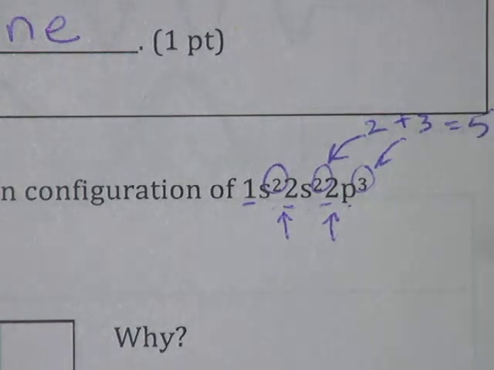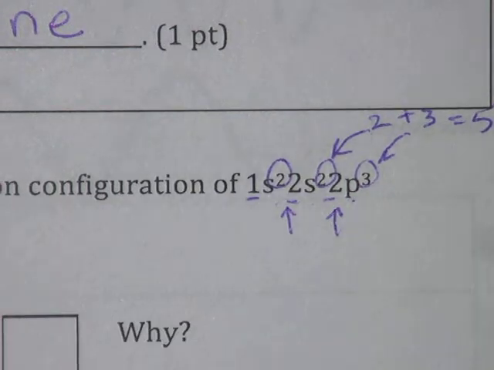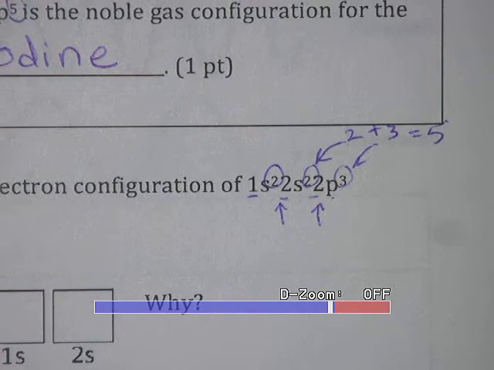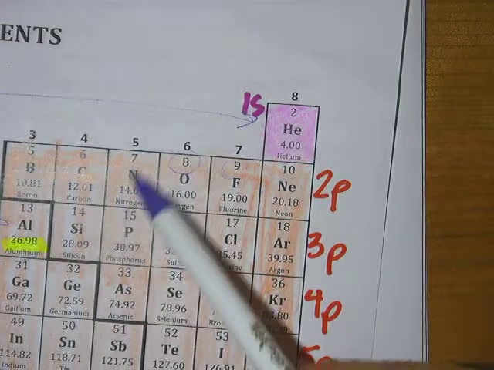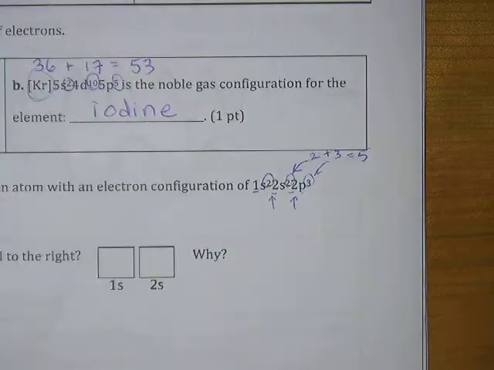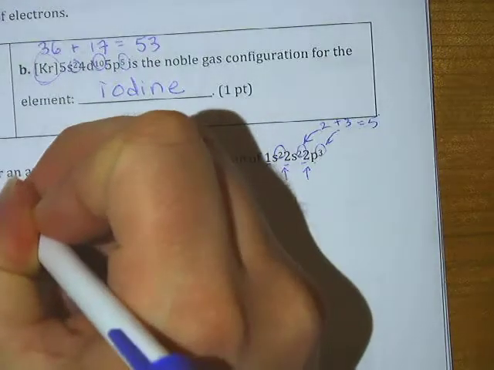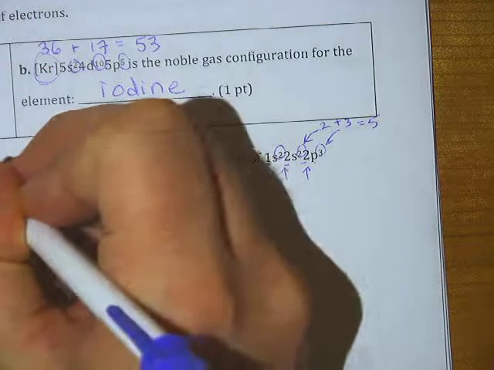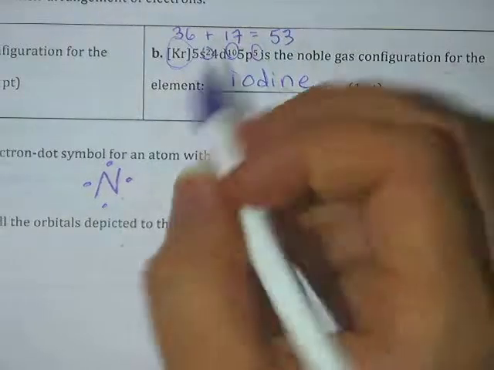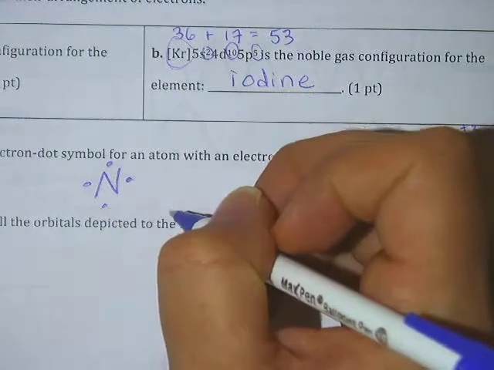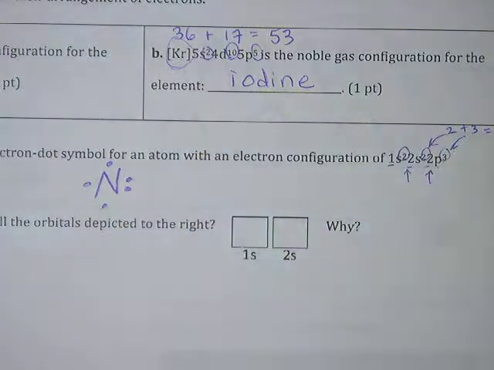That means you need 5 dots. Or, of course, you could look at your periodic table. Nitrogen's in the 5th group. It needs 5 dots. So you go 1, 2, 3, 4, 1 on each side. Then you can pair them up.